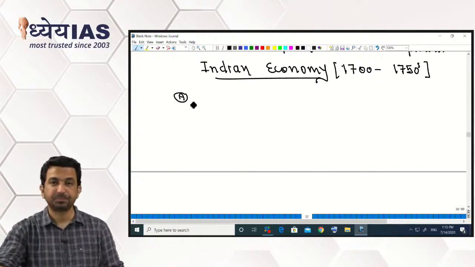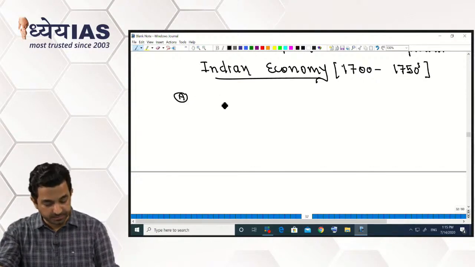So, first point, the condition of the Indian economy.